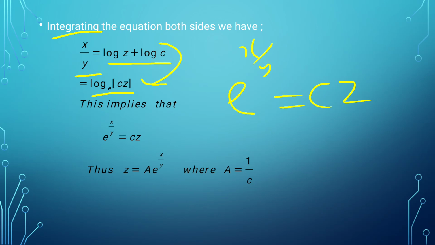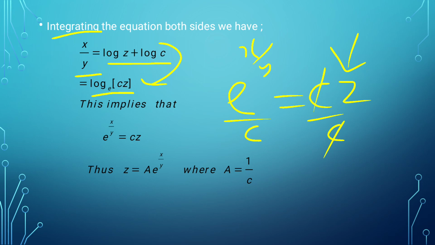And remember, our interest is to make z the subject of the formula. So we divide by c, so that this cancels with this, and z is equal to 1 over c e to the power x over y.